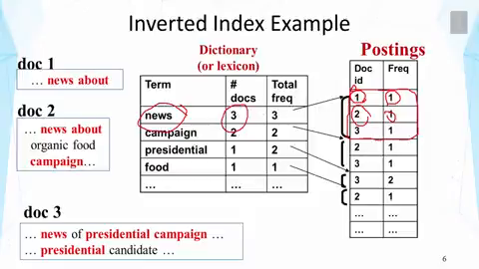So let's take a look at another term. This time, let's take a look at the word presidential. This word occurred in only one document, document 3. So the document frequency is 1, but it occurred twice in this document, so the frequency count is 2.